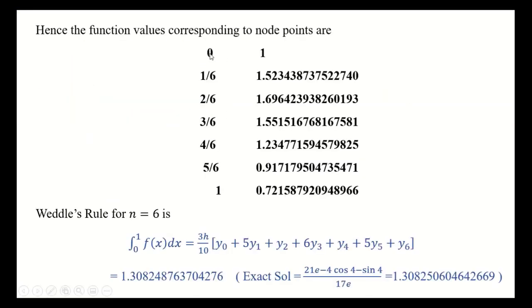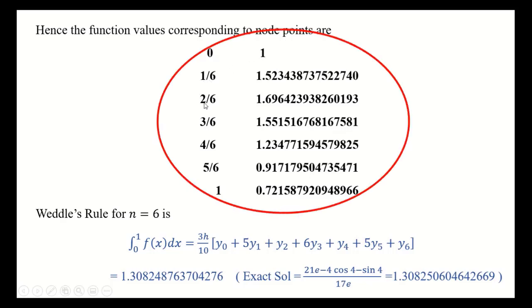So here this is the value of the function at 0, at 1 by 6, at 2 by 6 and so on up to 1. So these are the node points x0, x1, x2, x3 and so on up to x6, and these are the values of the function y0, y1, y2 and so on up to y6. So we will use these values.